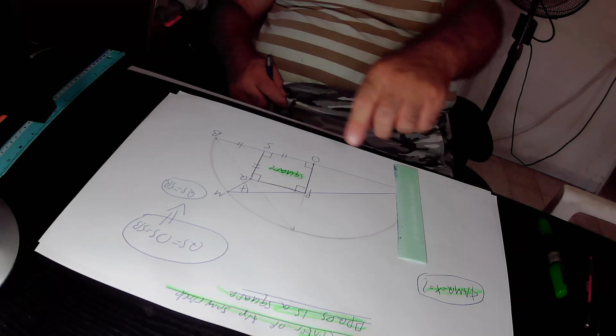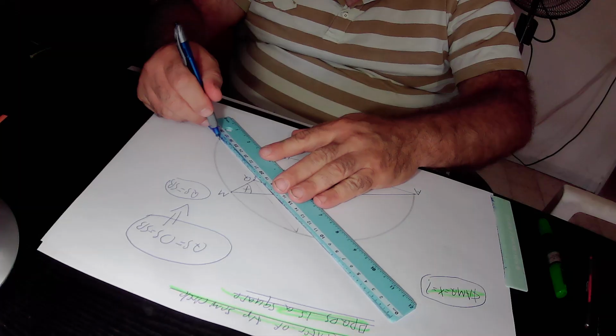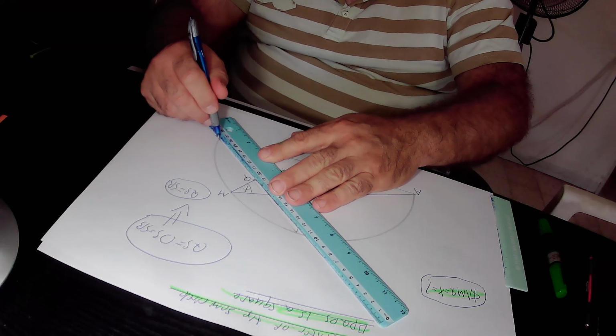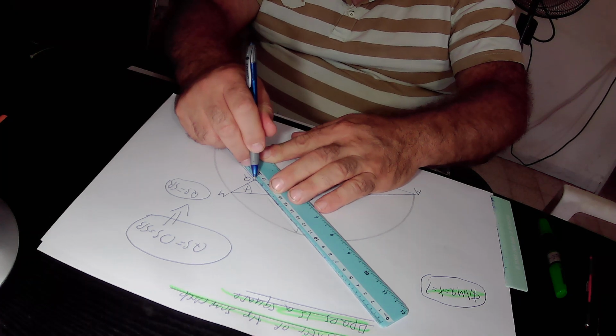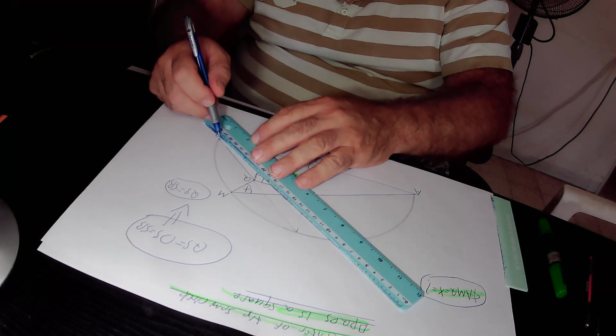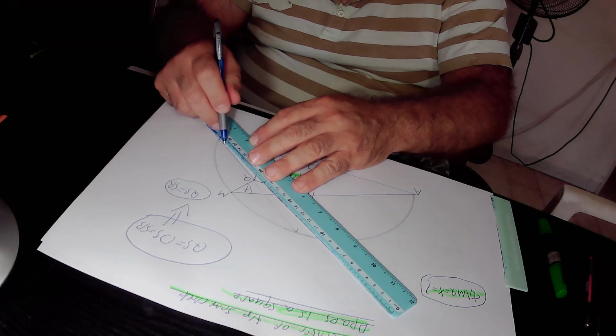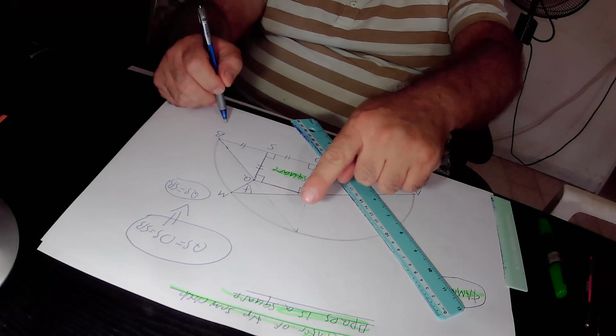In the next step, we will do a construction, that is to say, we will join points B and Q together by a straight line. And we will extend the straight line BQ until it touches the circle.